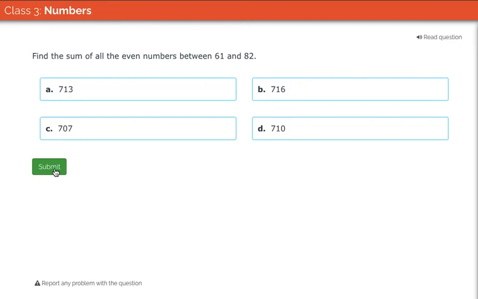So 2 plus 4 is 6, 6 plus 8 is 14. Wait, let's check again. 2 plus 6 is 8, 8 plus 6 is 14, 14 plus 6 is 20, 20 plus 7 is 27, 27 plus 7 is 34.